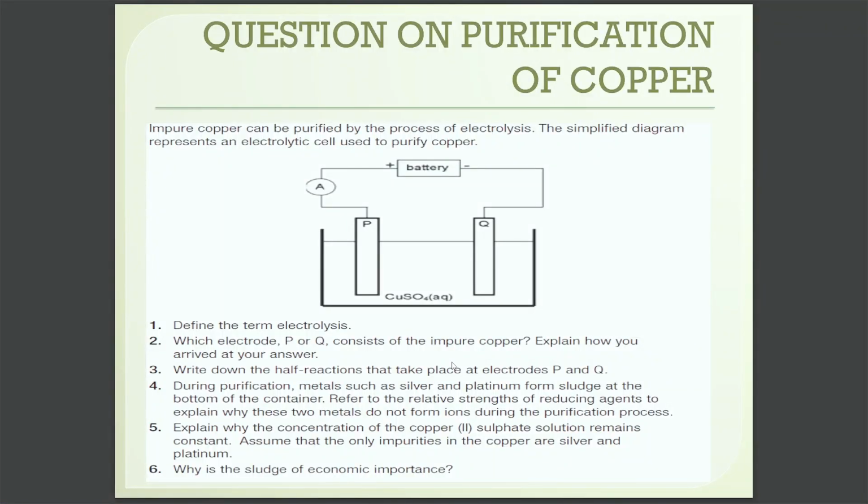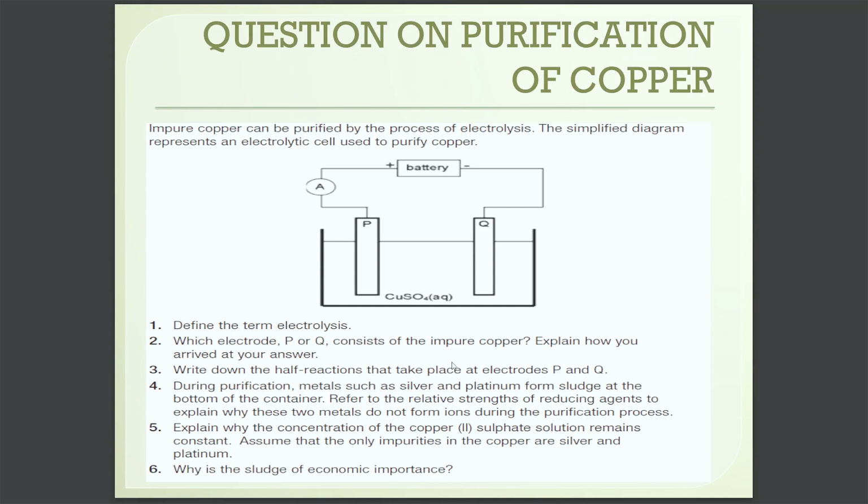It says the impure copper can be purified by the process of electrolysis. What they are giving us here is the simplified diagram that represents the electrolytic cell used to purify copper. So let's check the question, grade 12.